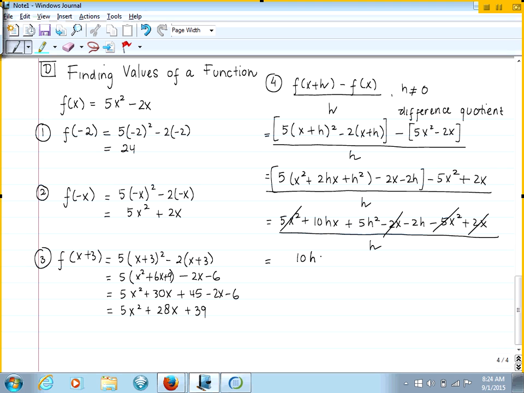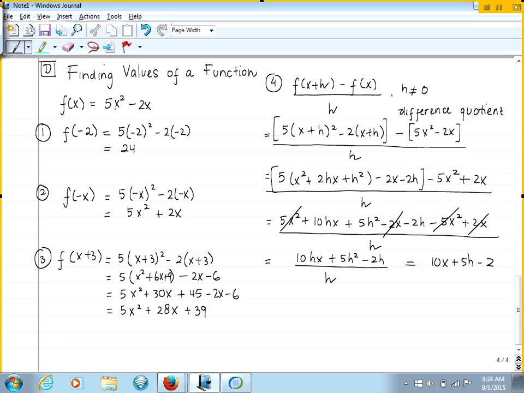The 2x's? Okay, so you have 10hx plus 5h squared minus 2h divided by h. So then what do I have? 10x plus 5h minus 2. Okay.